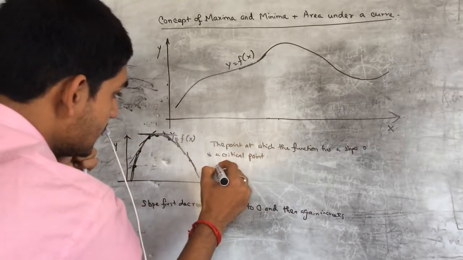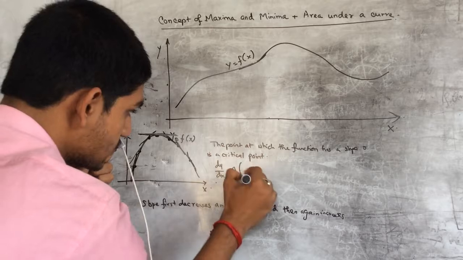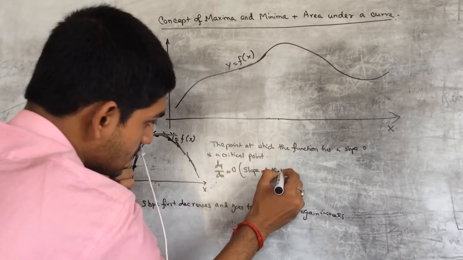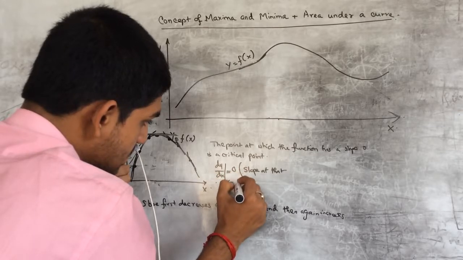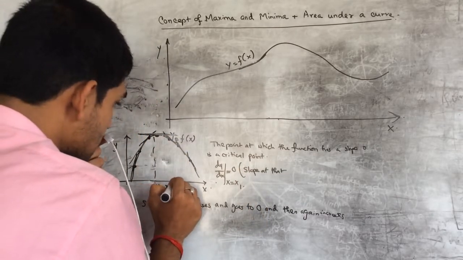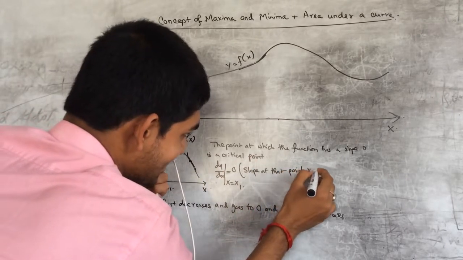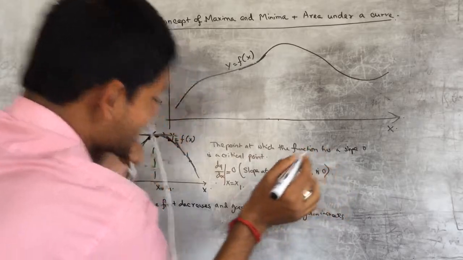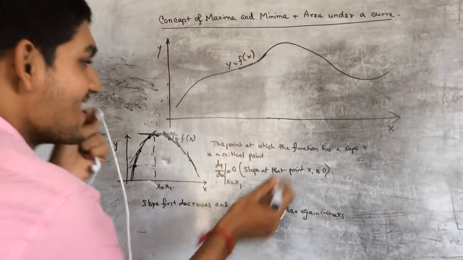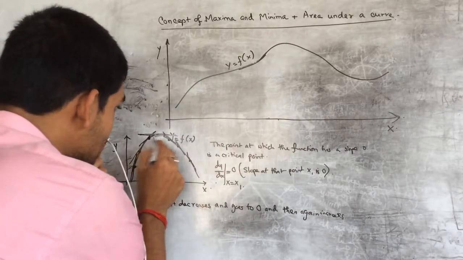That is dy/dx is 0. That is, the slope is 0 at x equals x1, say. So dy/dx at x1 is 0. So the point has a slope 0.